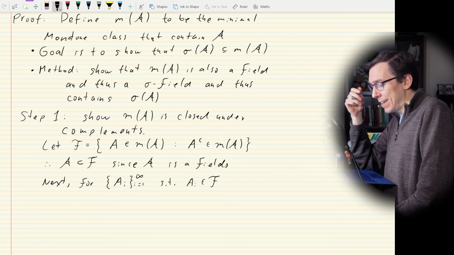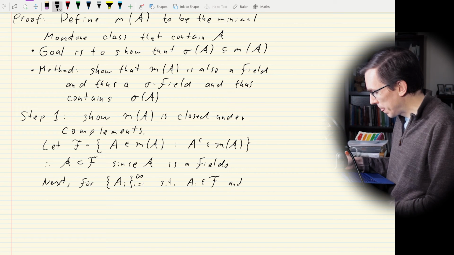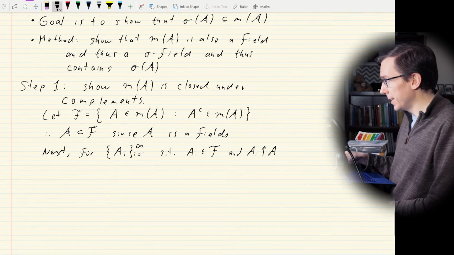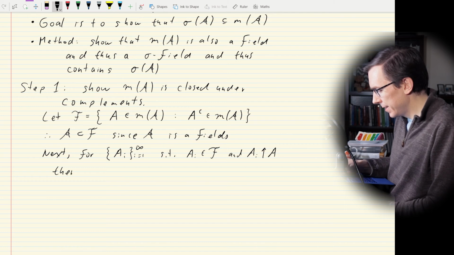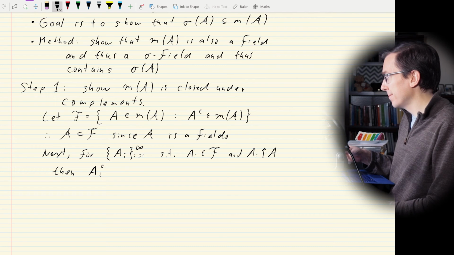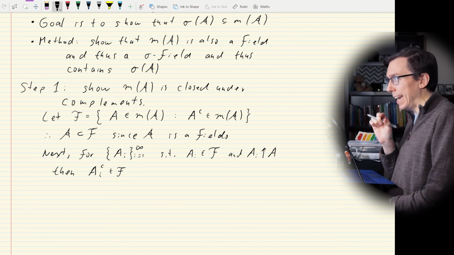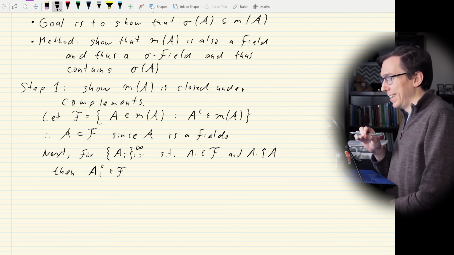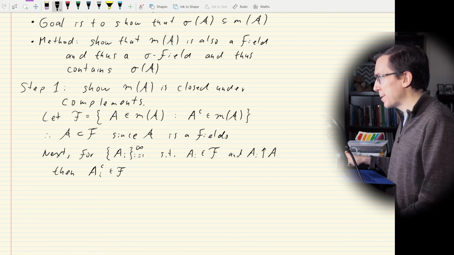So if I have a collection of sets A_i that are in there, and these A_i increase to some set A, defined again as the union of those, then A_i complement is also in F, because we know we can take complements of the A_i. Okay, making sure I wasn't doing this backwards.